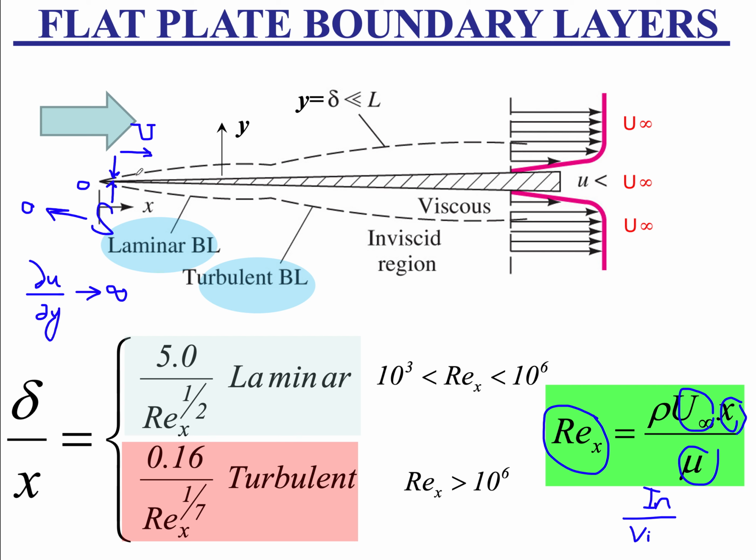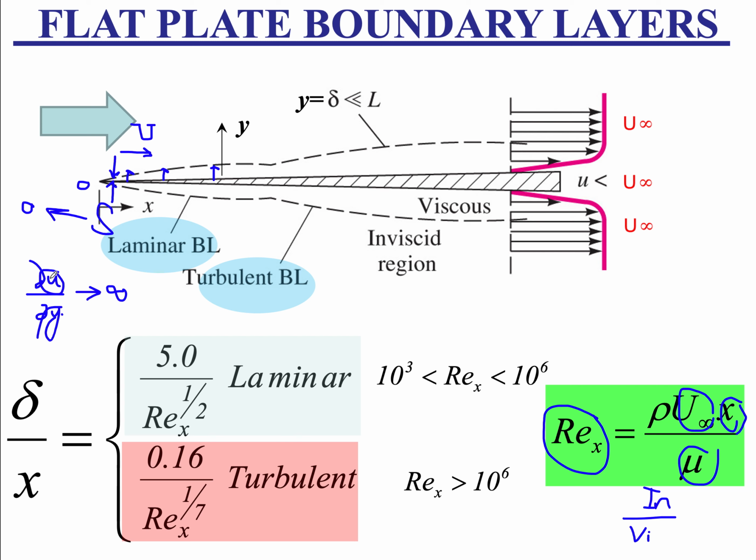So that's the story. But as you move further in x, this effect starts diffusing into the outer flow, so my boundary layer thickness starts growing. The effect of viscosity scales with the strain rate, which is du dy.